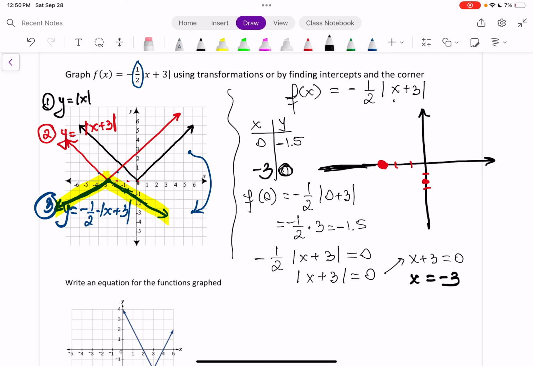So I'm going to see what happens at negative 6. Really, the best way to do it is set the function equal to negative 1.5 and see if you can find the other x value, but it's always easier to pick x's and just plug them in. So what happens if I plug in a negative 6 for x?